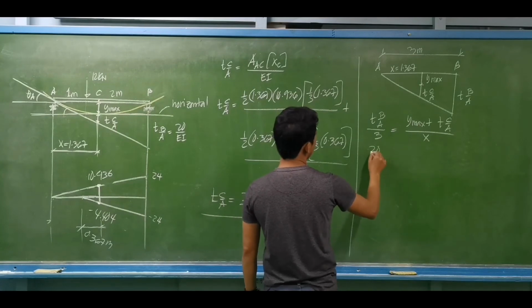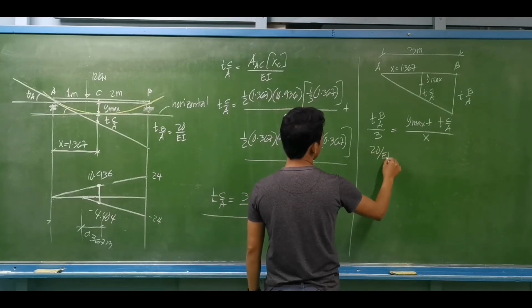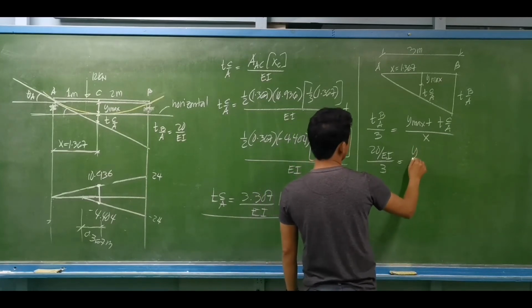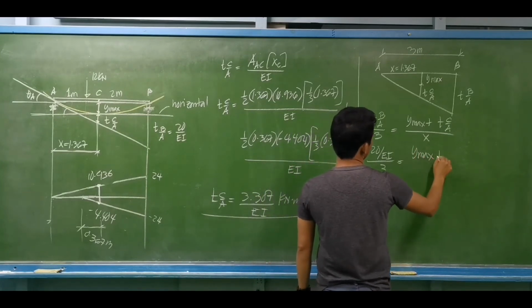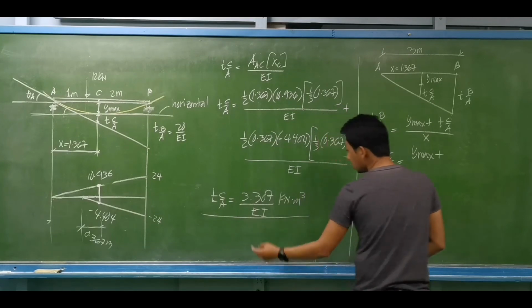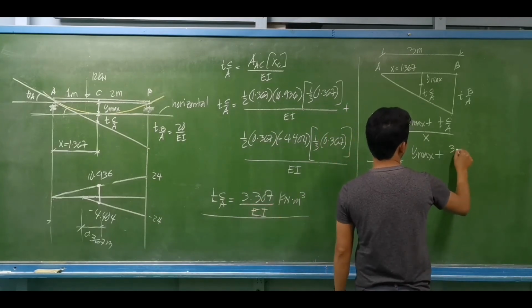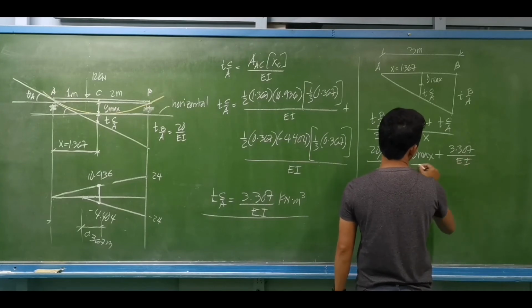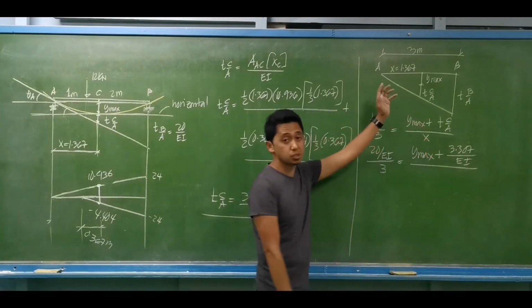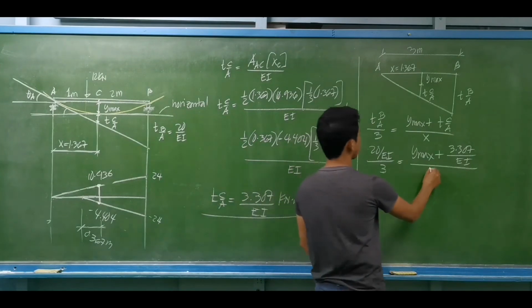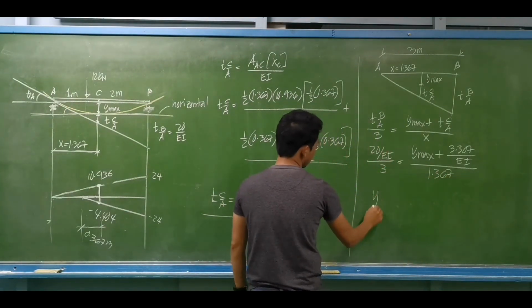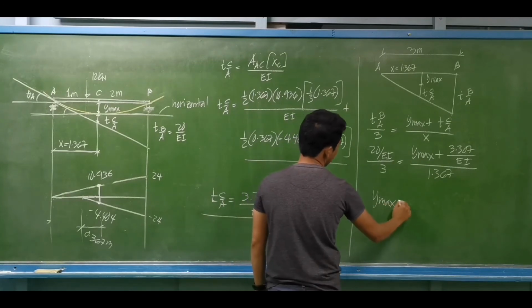That is 20 divided by EI is to 3 meters is equal to Y max, unknown, plus the deviation from A to C, ito yun, which is 3.307 divided by EI, and this is all over the value of x, 1.367.